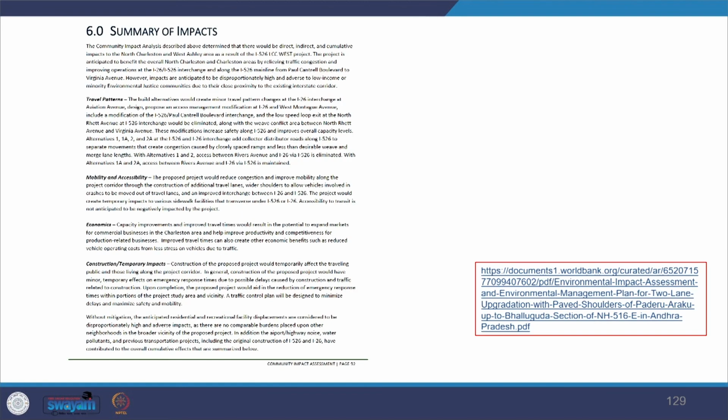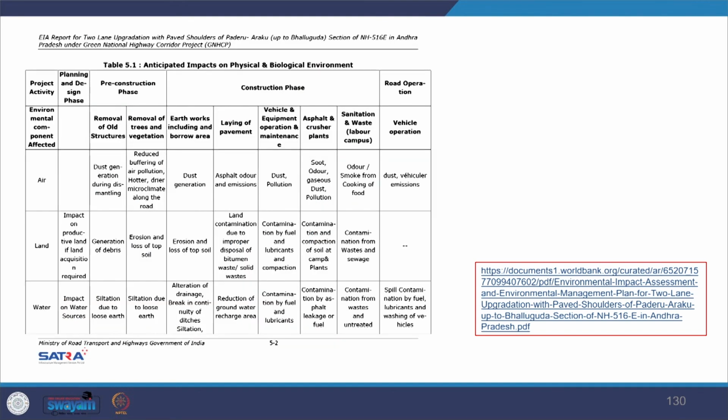So here you see the summary of impact. All these projects are presenting the summary, though the style varies in how they do it. Here again, you can see the anticipated impact on the physical and biological environment from this project. From the Andhra Pradesh project here, you can see how they are summarizing it with air, land, water.